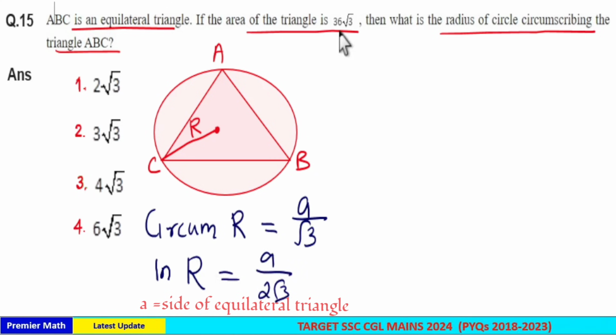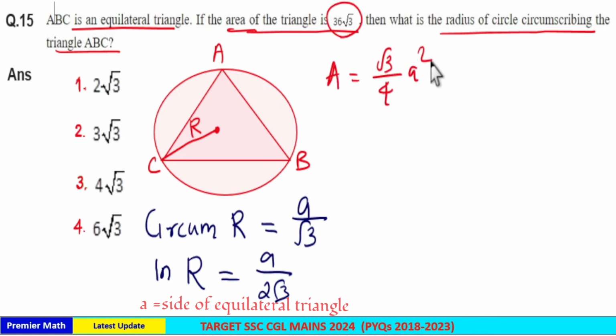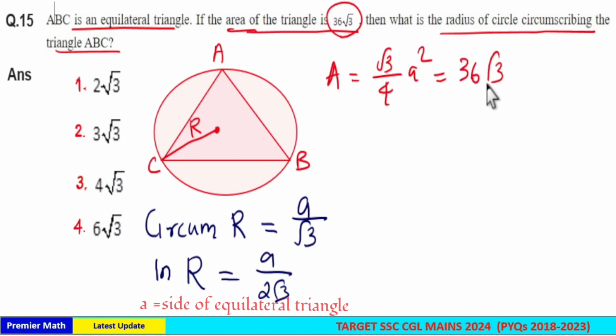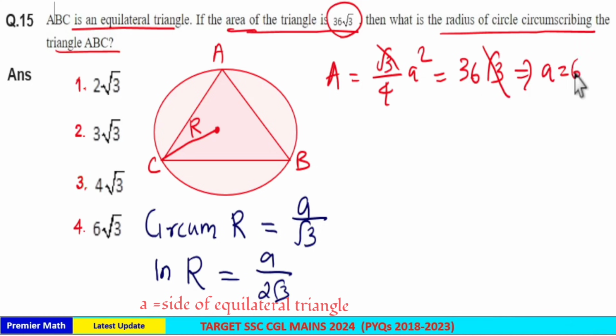Now here area is equal to 36√3. Area of equilateral triangle is equal to √3 by 4 a square, which is equal to 36√3 here. So √3 cancels. A square is equal to 36 into 4, means A is equal to 6 into 2, which is 12.